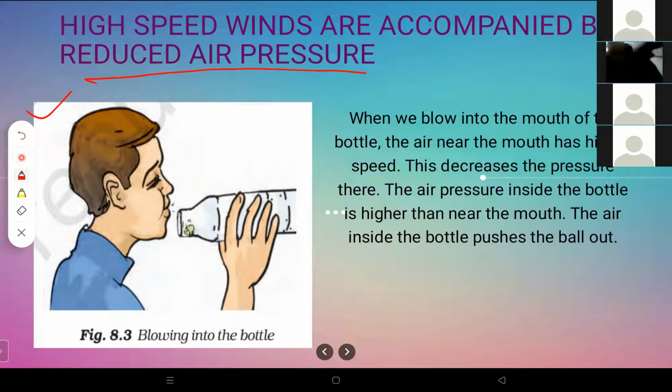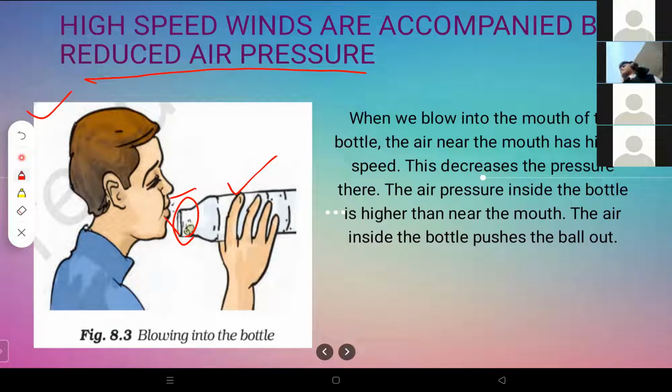Hold the empty bottle on its side like this guy is doing. Okay. And place the paper ball just inside its mouth, the mouth of the bottle. Now try to blow on the ball to force it into the bottle.